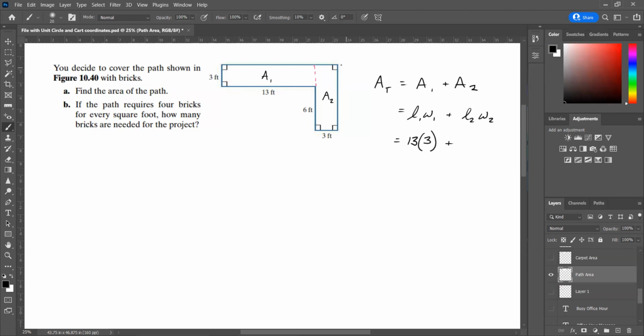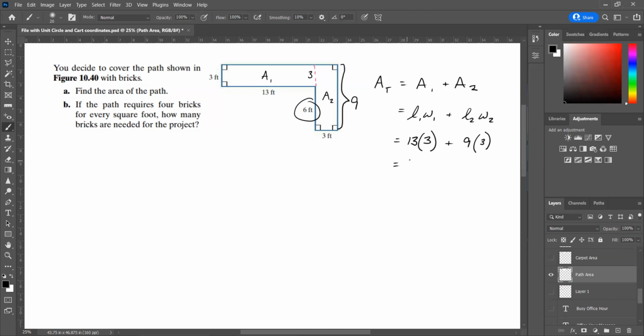Now, I don't really have the length of 2. I've got the length of part of it, but the whole rectangle itself is that long. So I've got the 6 down here. Of course, that's a 3 if area 1 is a rectangle. So 6 plus 3 would give me the total length of this one, which is 9 feet. And the width of area 2 is 3 as well.